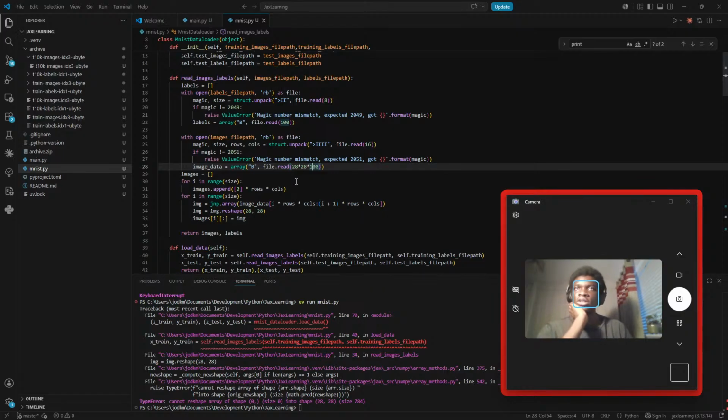What's going on here? So we're reading the first 28 by 28 by 100 bytes, and then we're indexing it. So image equals image.reshape 28, but then it has shape 0. Hold on, wait.